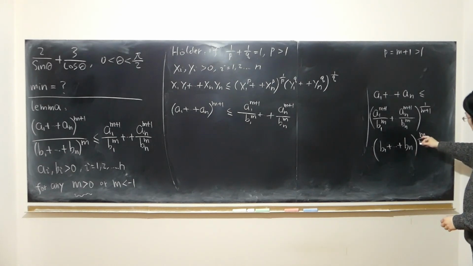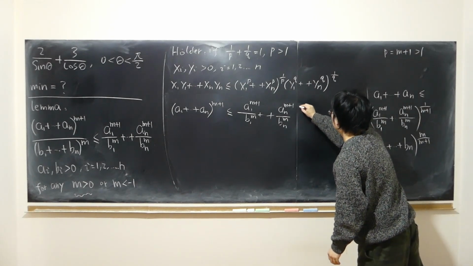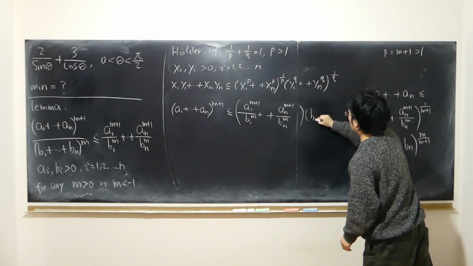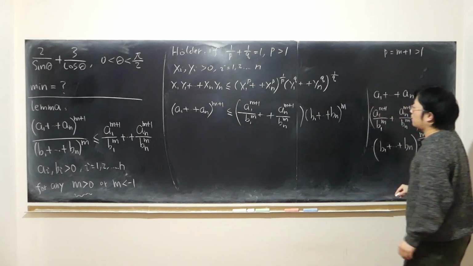This power now becomes just m, times b1 all the way bn to the power of m.